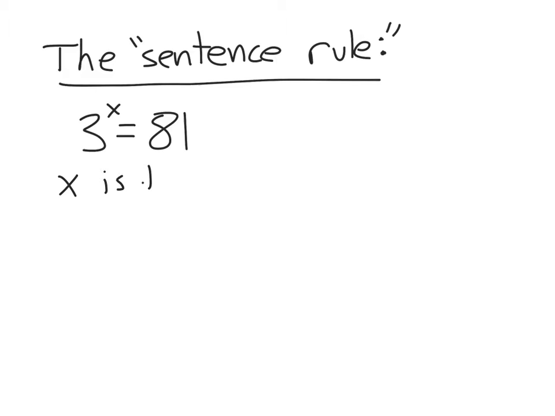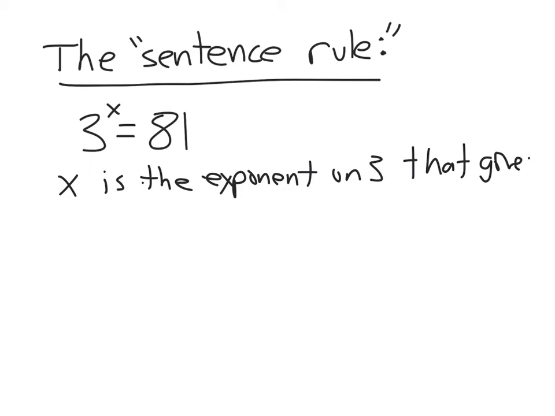X is the exponent on 3 that gives me 81. And there's a reason that I do this sentence. I want to read that a few times. X is the exponent on 3 that gives me 81, and really understand how that works.